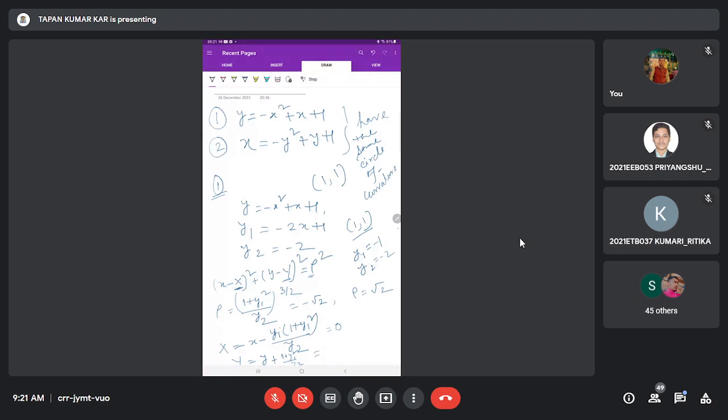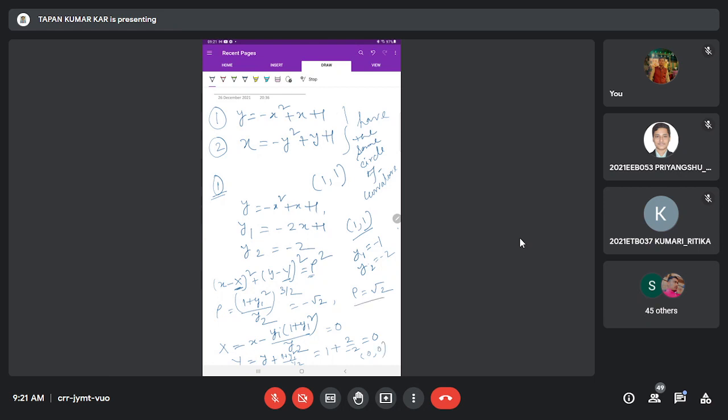If you substitute, X equals 1 minus (1 plus 1) by... that is 1 minus 1, which is 0, and Y equals 1 plus 2 by minus 2, which is also 0. So the center of curvature is (0, 0).